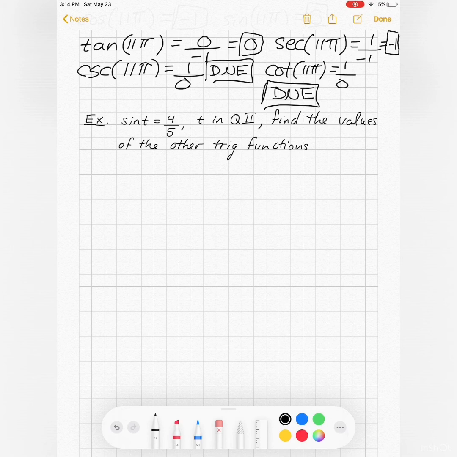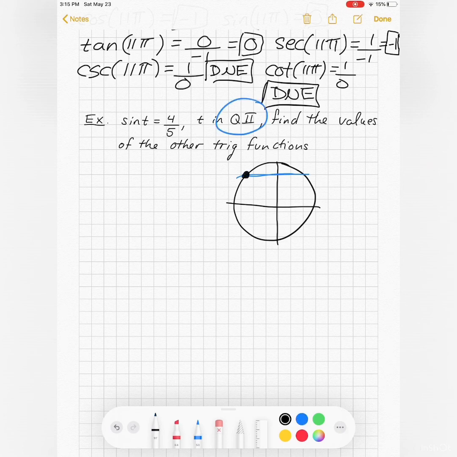Okay, say I know a piece of information. Say I know sine of t is 4/5. t is in quadrant 2. Find the values of the other trig functions. I'm just terrible at drawing circles on here, but let's see. The y is 4/5 in 2 quadrants, 1 and 2. It says quadrant 2.